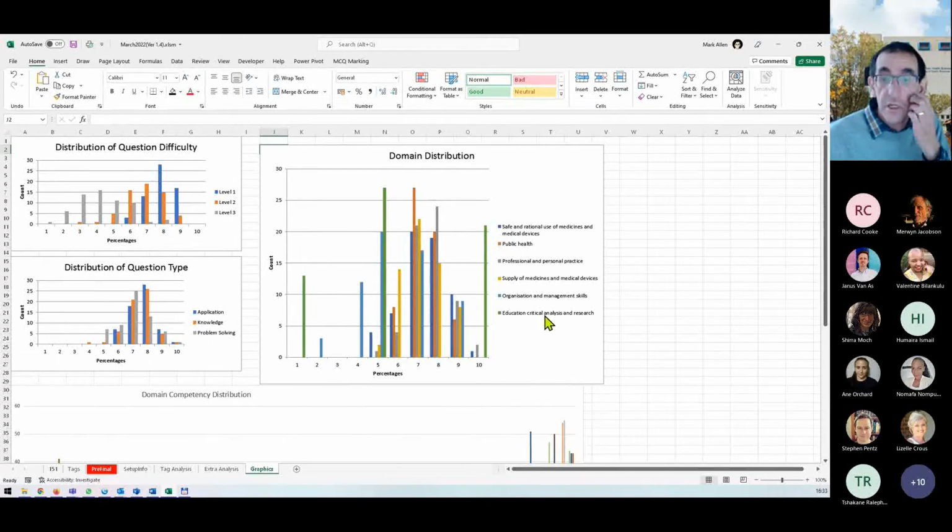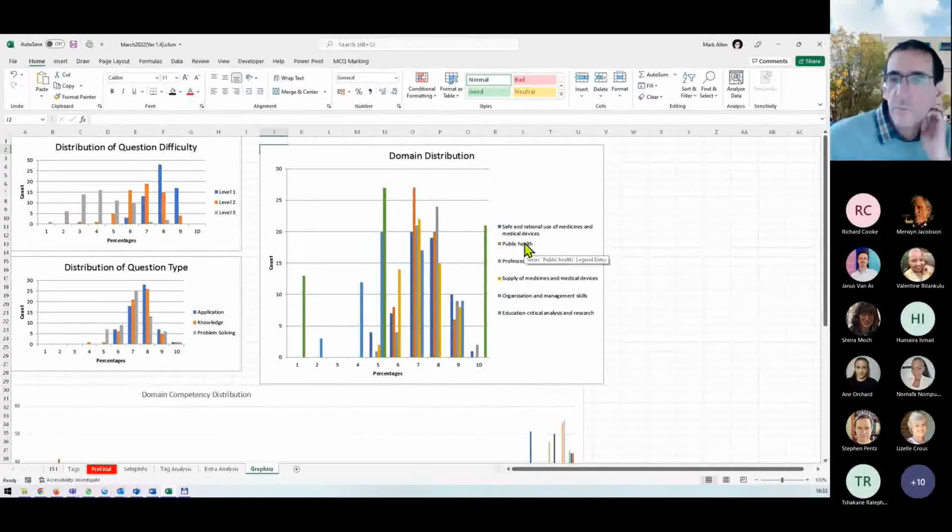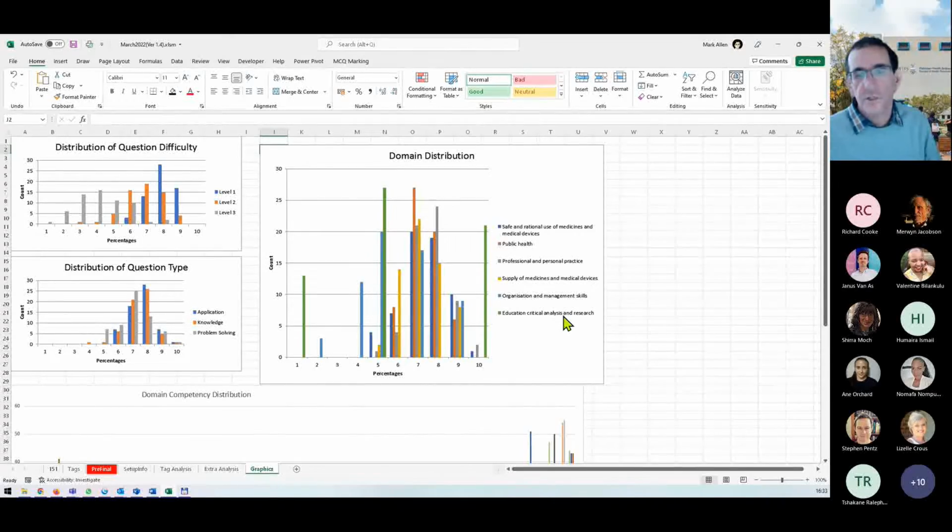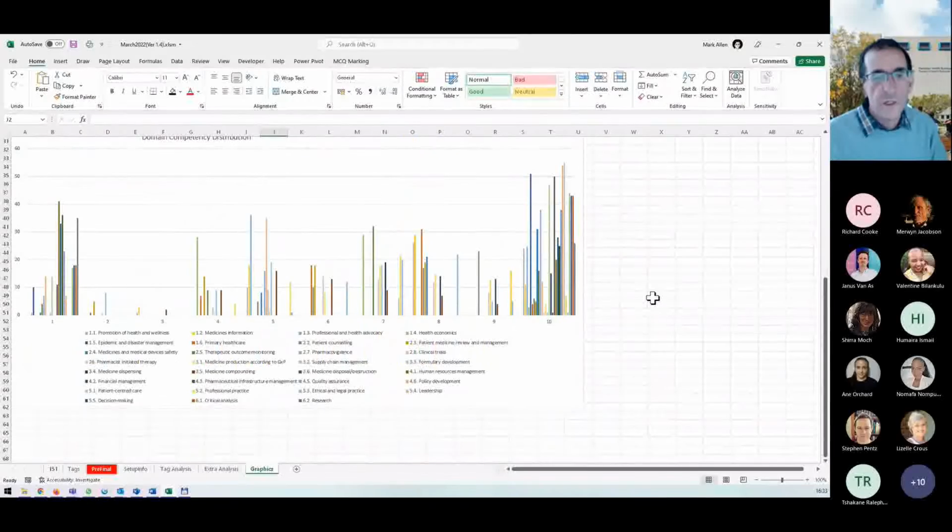But you can see for this particular group of students that there's a right shift for public health, because of the importance that is placed on public health at the moment, whereas critical analysis and research is a fairly broad-based curve. It's this green curve over here. So people do either extremely well if they go into the research arena or extremely badly if they are going into the clinical area. And it allows you purely to see whether you're covering the areas well enough or not.